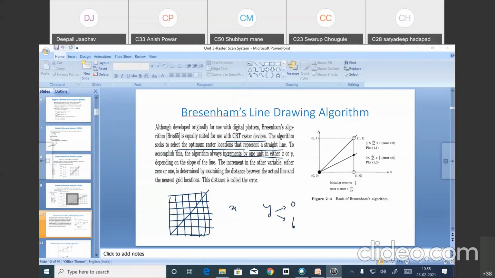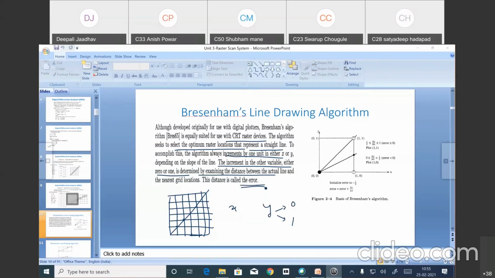So first we increase either x or y, and second, the increment in the other variable, 0 or 1, is determined by examining the distance between the actual line and the nearest grid location. This is called error.